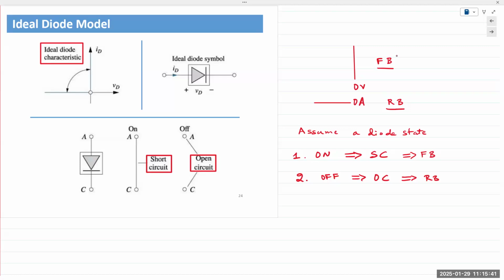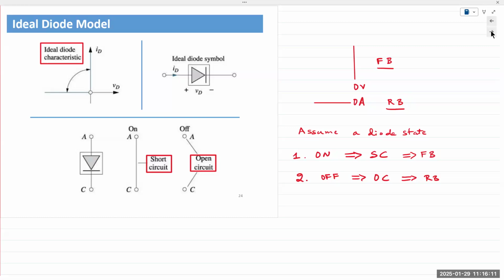If we assume the diode is forward bias, we assume the diode is on, and replace it with a short circuit. If you assume that it's reverse bias, then it's off and it's an open circuit. So this model doesn't require anything except a substitution. You take the diode out and substitute a short circuit or an open circuit. Hence the name ideal diode model.